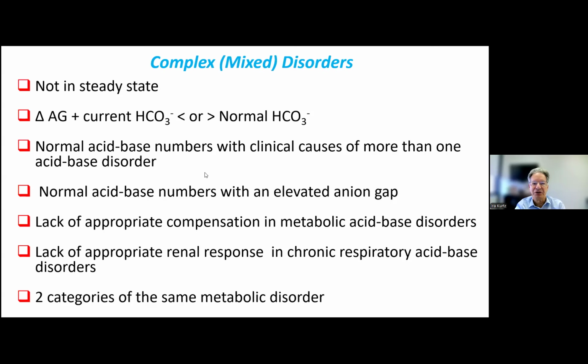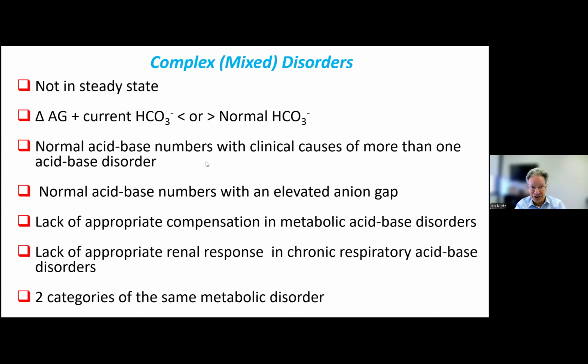Okay, so just reiterating the things you have to think about. Remember to rule out not being in a steady state before you start thinking of complex disorders. Remember, in anyone with an anion gap metabolic acidosis, to add the delta anion gap to the current bicarbonate and see whether it's 23 or 24 or less than or greater than, to know if there's another acid-base disorder present.